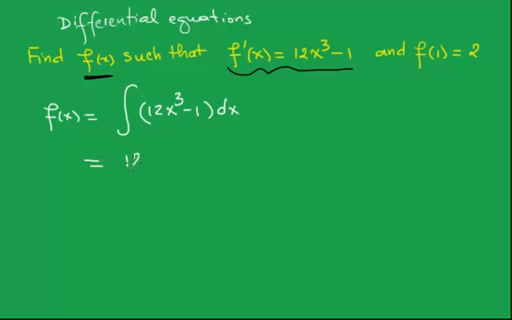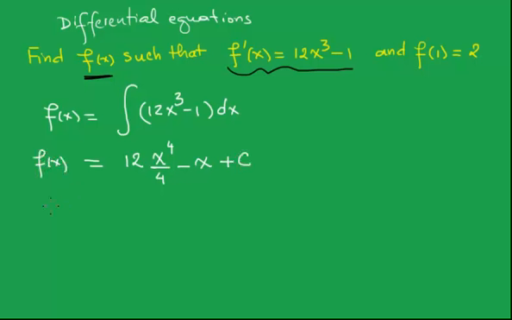I'm going to keep 12 the way it is. And x to the power of 3, when you take the antiderivative, is x to the power of 4 over 4. And then what's an antiderivative of 1? Antiderivative of 1 is x, because the derivative of x is 1. And of course, we don't forget the constant of integration.